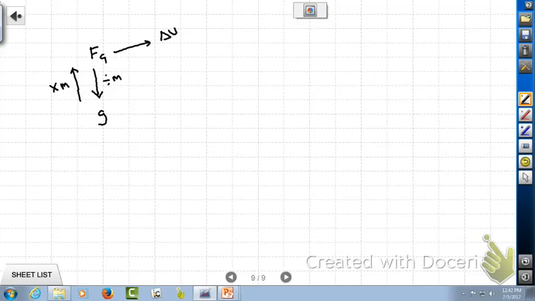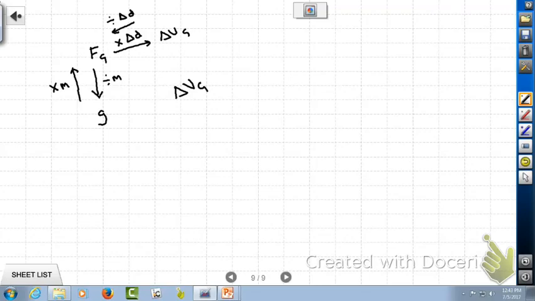Delta UG. Want to go from there to there, multiply by delta D. Want to go from there to there, you divide by delta D. Delta VG, that is the energy per kilogram.